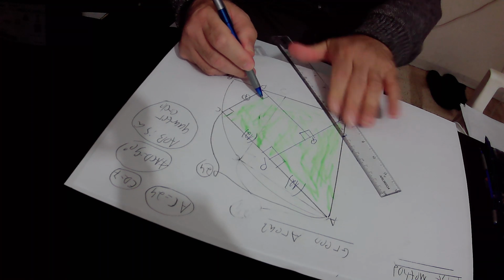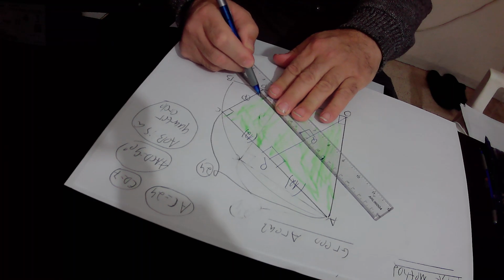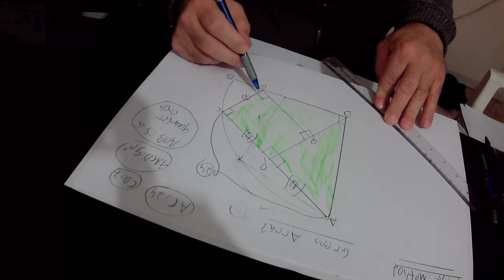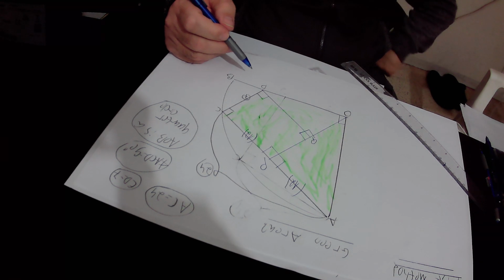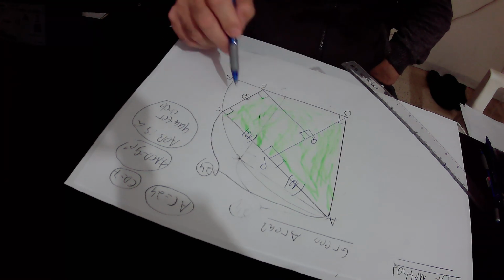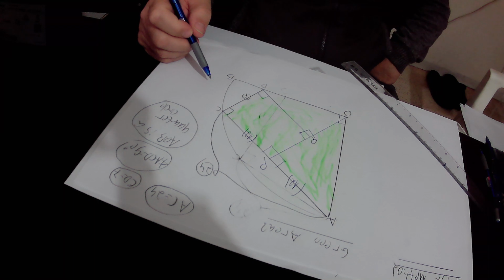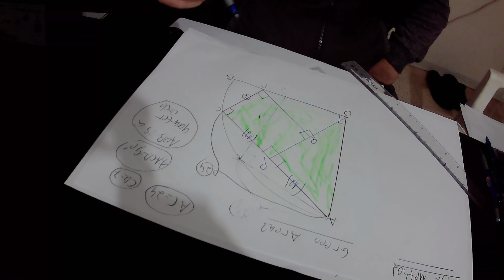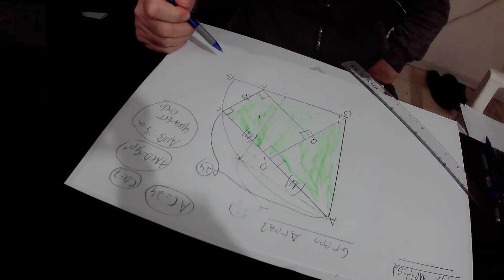So actually, inside quadrilateral QPCD, we have 4 right angles, and therefore we relate to quadrilateral QPCD as a rectangle.